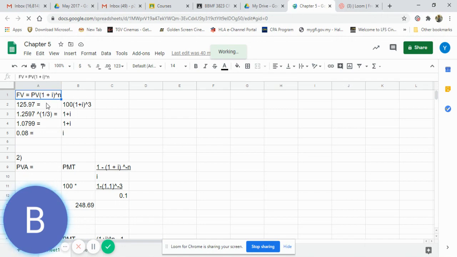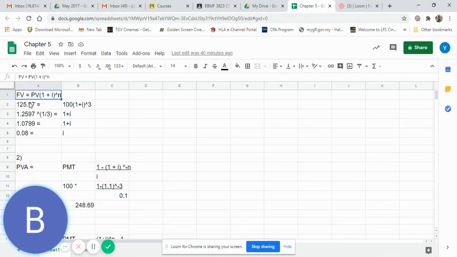As you can see, we are using the formula future value equals present value times (1 plus I) to the power of n to calculate the interest rate. Your future value is 125.97 and your present value is 100. 1 plus I is the unknown factor, to the power of 3.